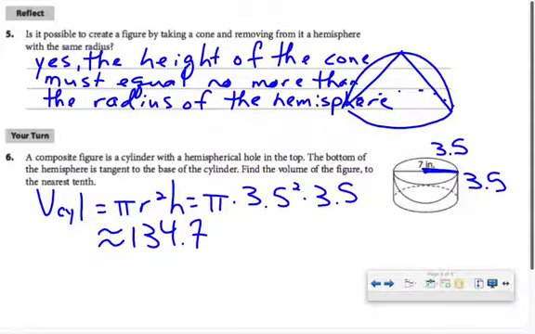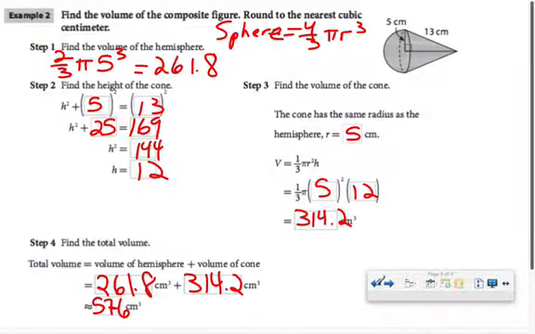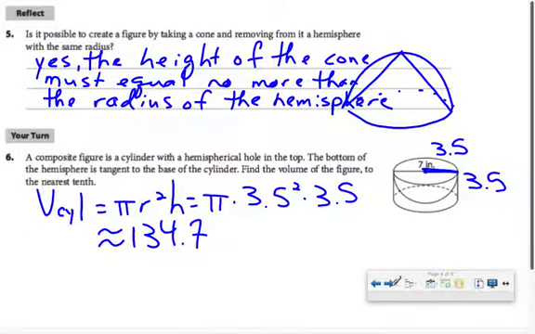Now I'm going to find the volume of the hemisphere. Remember how back here I told you that since a sphere is 4/3, then a hemisphere is 2/3 pi r cubed.